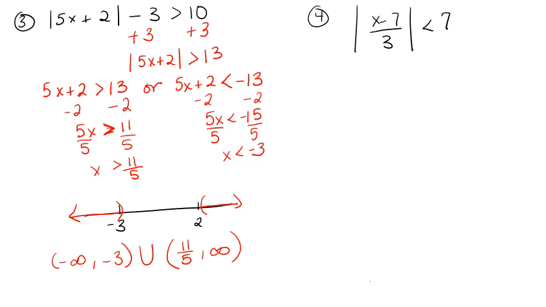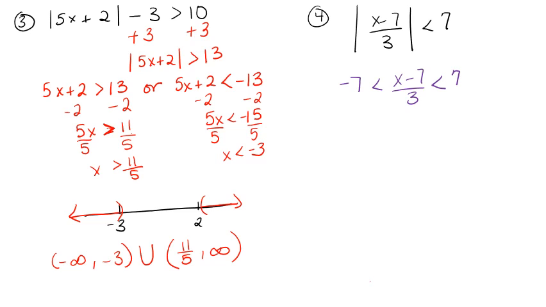All right, so let's look at number 4. The absolute value is by itself. It's a less than, double inequality, less than 7, greater than negative 7. To solve this inequality, remember what you do in the middle, you've got to do to all 3.